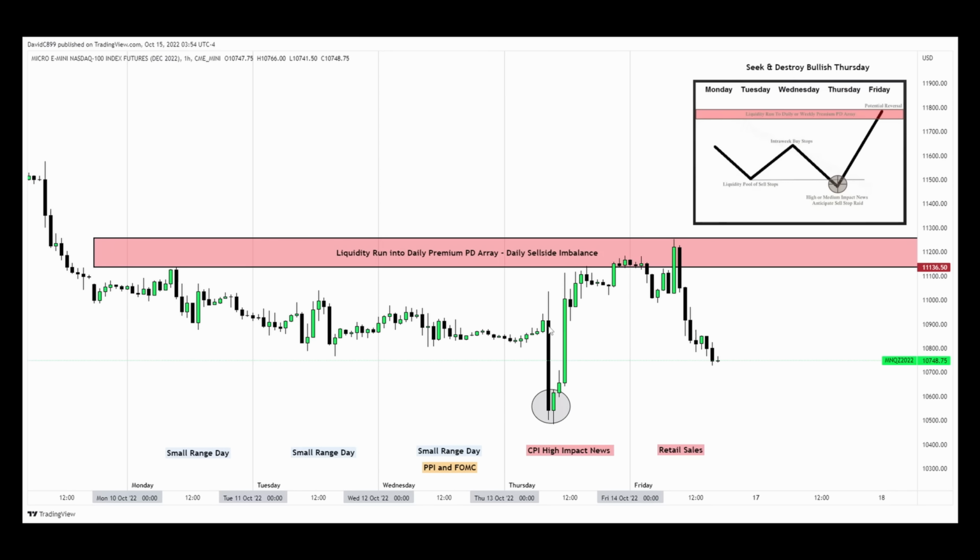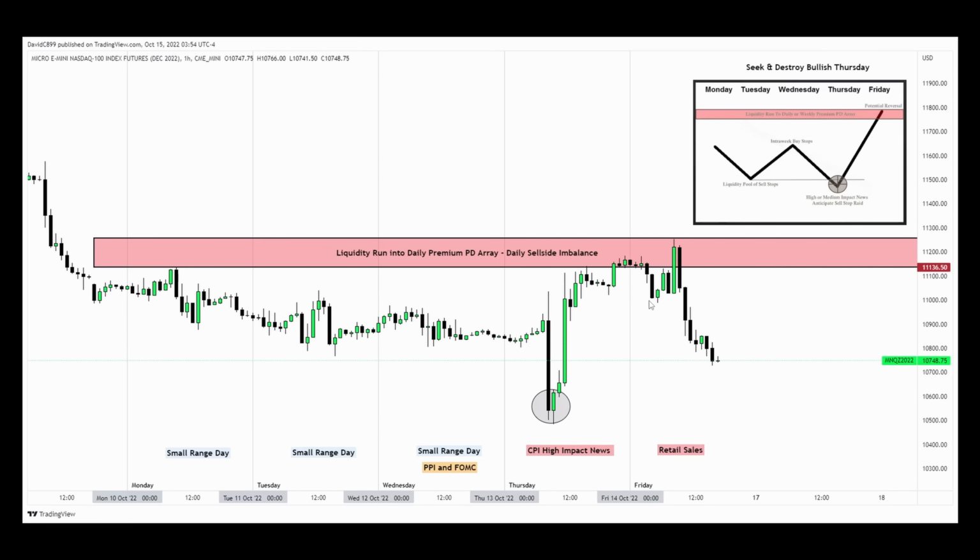Big drop. CPI high impact news event, big drop lower into daily discount PD array, and from there trading higher, seeking buy side liquidity into the daily sell side imbalance.